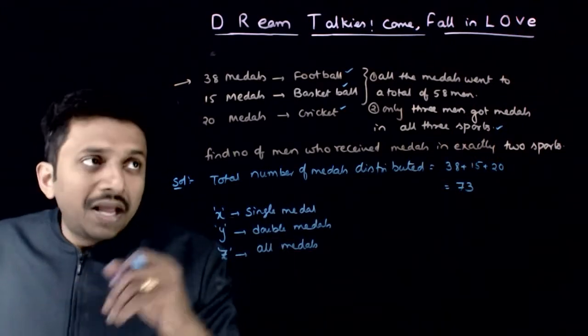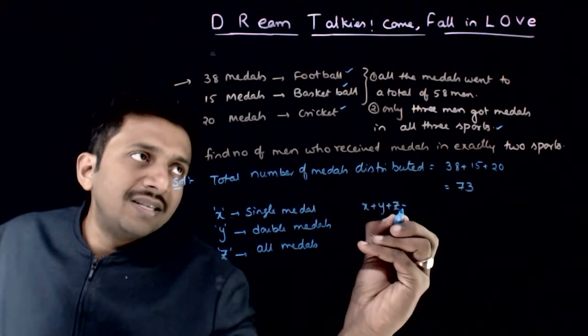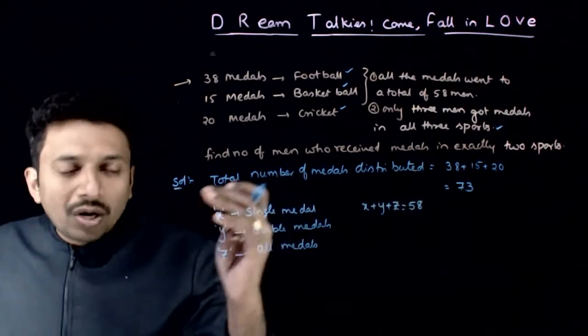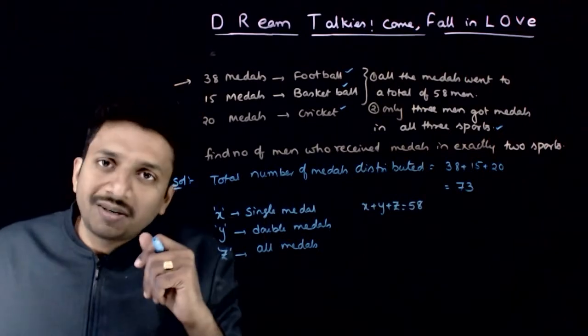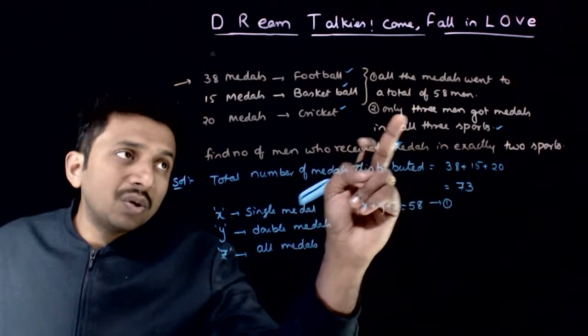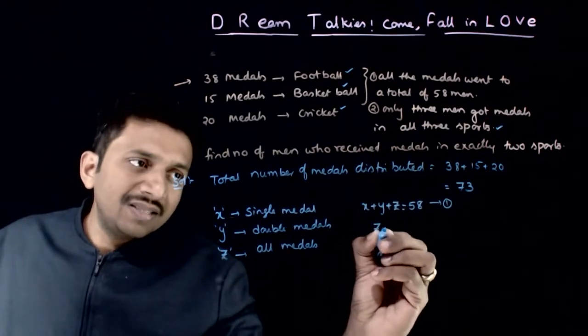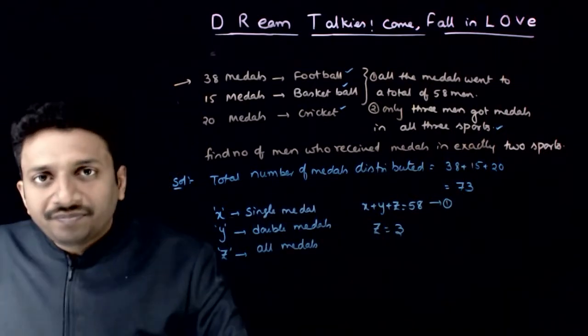And according to the given question, you're given that x plus y plus z is equal to 58. The total number of these men is equal to 58. This is the first equation. And the second equation is only 3 men got medals in all 3 sports. Z is equal to 3.